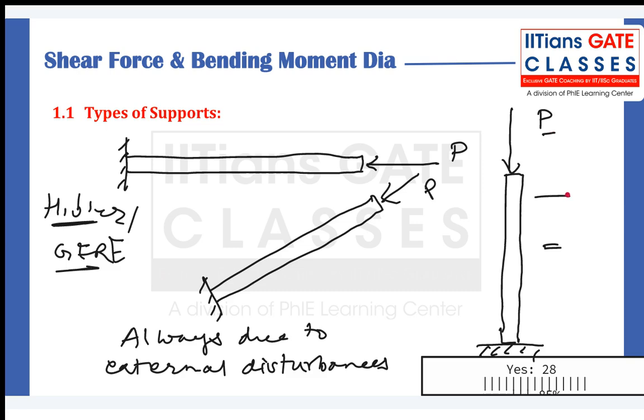That external disturbance will bend it. Suppose it gets deflected, or you can say it will deflect, by some angle theta.